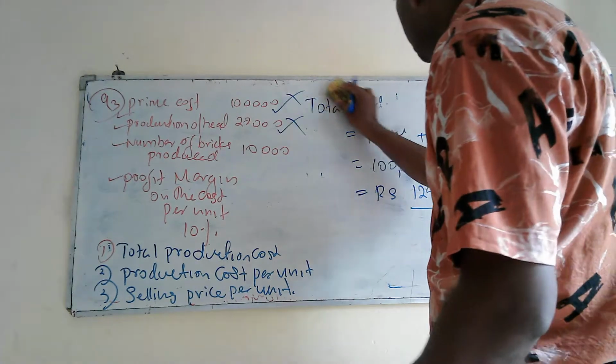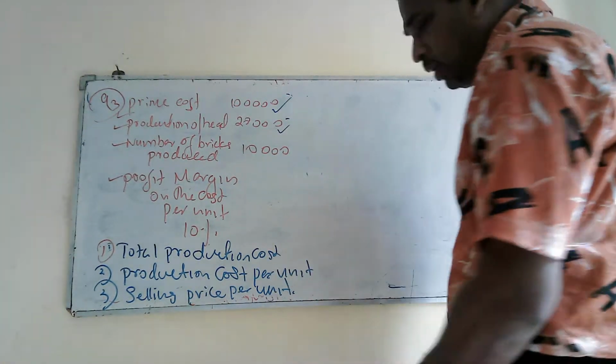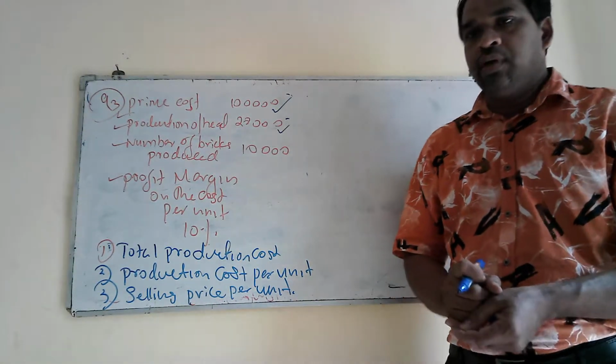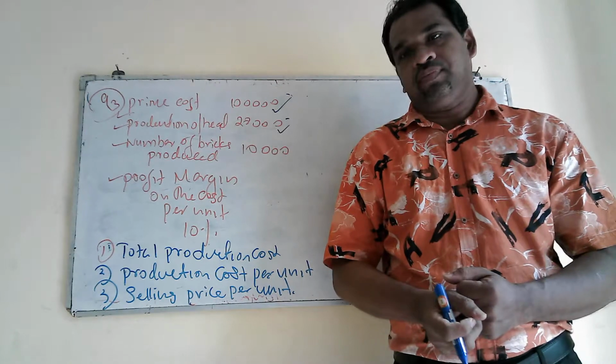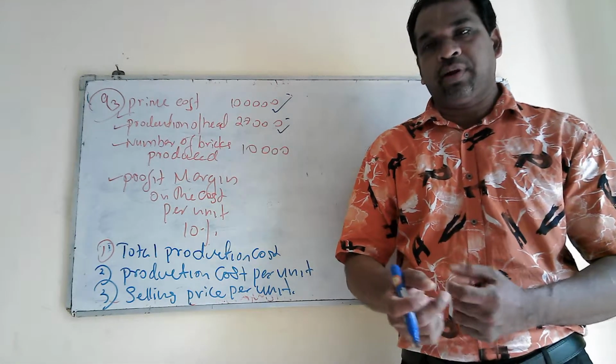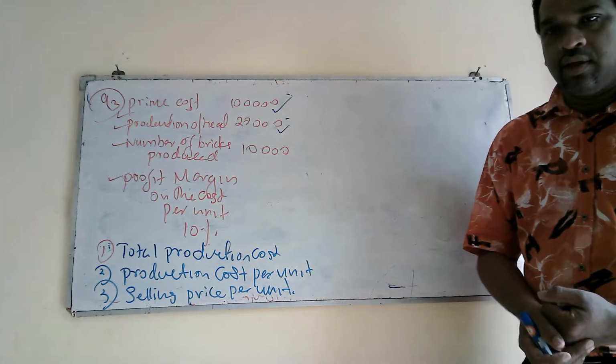Now we are going to calculate the answer for part 2, production cost per unit. If you know the total cost of production and the number of units produced during the period, you can easily calculate the cost per unit.